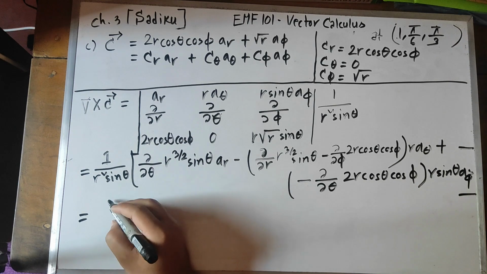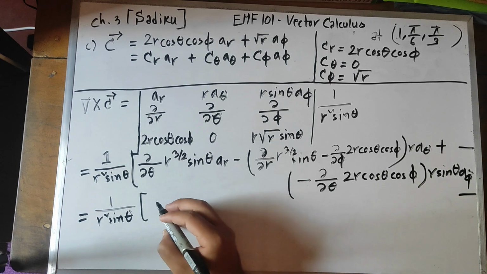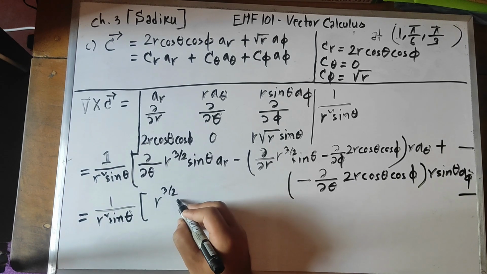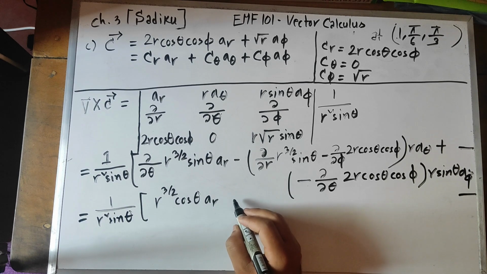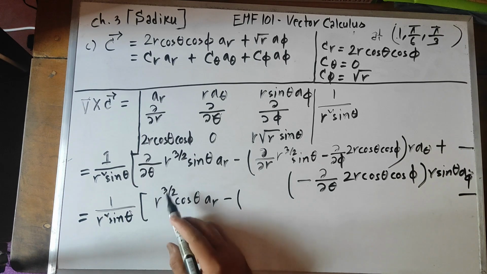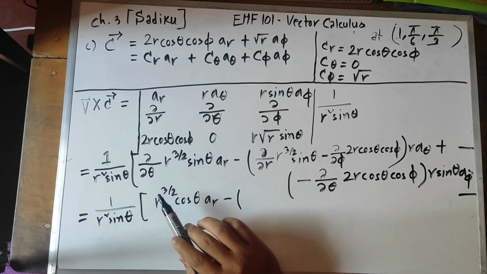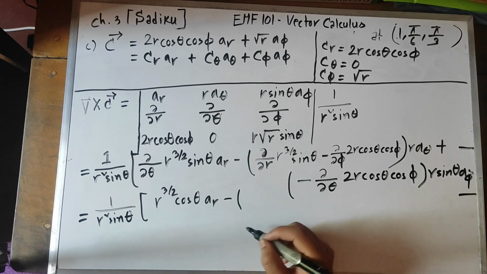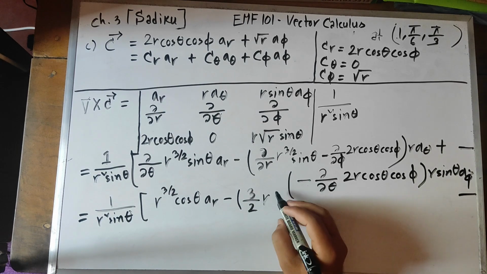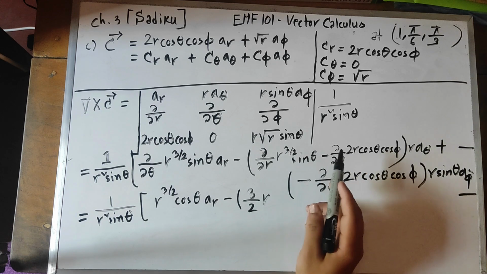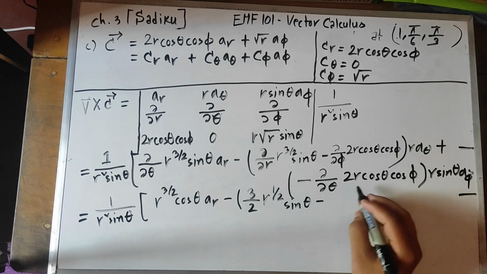So if we take the 1 by r square sin theta, and here is r 3 by 2, minus r 3 by 2 cos phi, so partial differentiation of sin theta with respect to theta is cos theta plus cos theta, so here 3 by 2 minus 1, so half sin theta.